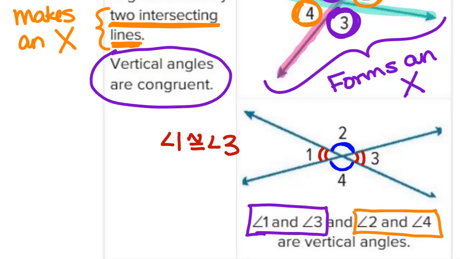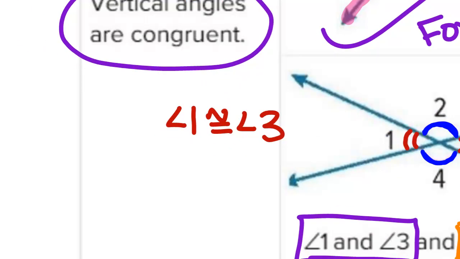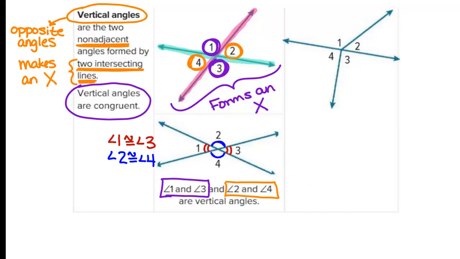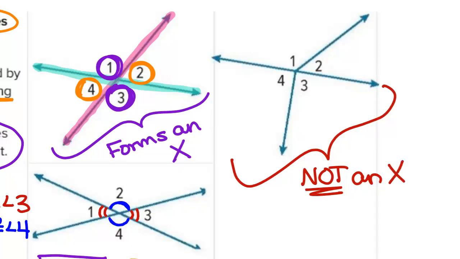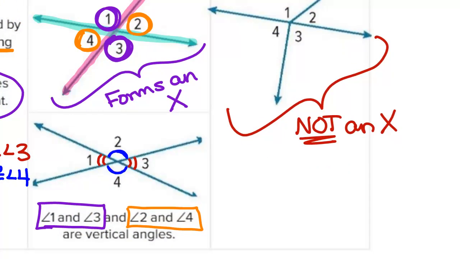They're on opposite sides of the X. Angle 2 is congruent to angle 4 because they are vertical angles. Over here on our non-example side, this does not form an X. So we have no vertical angles here.